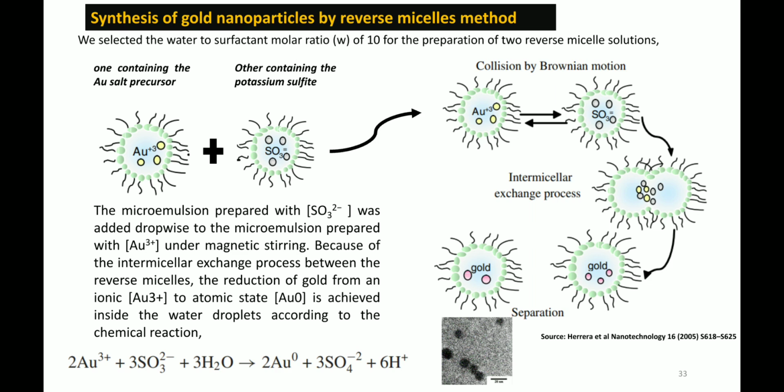the reduction of gold from ionic gold 3 plus to atomic state gold 0 is achieved inside the water droplets according to the chemical reaction.